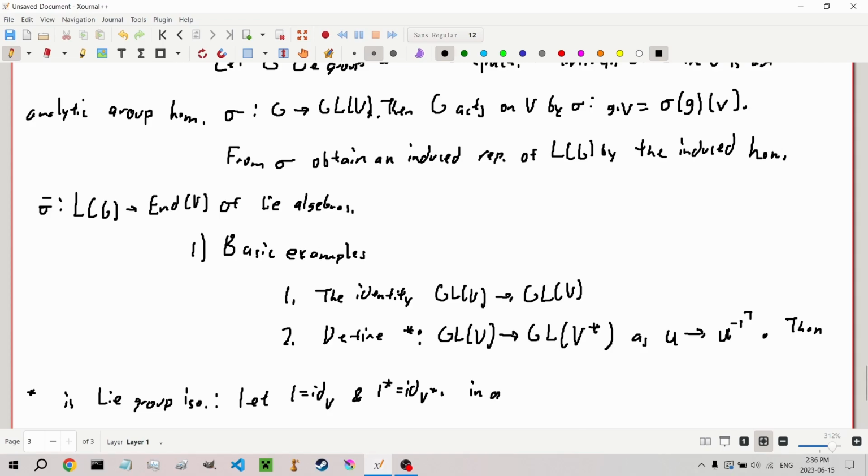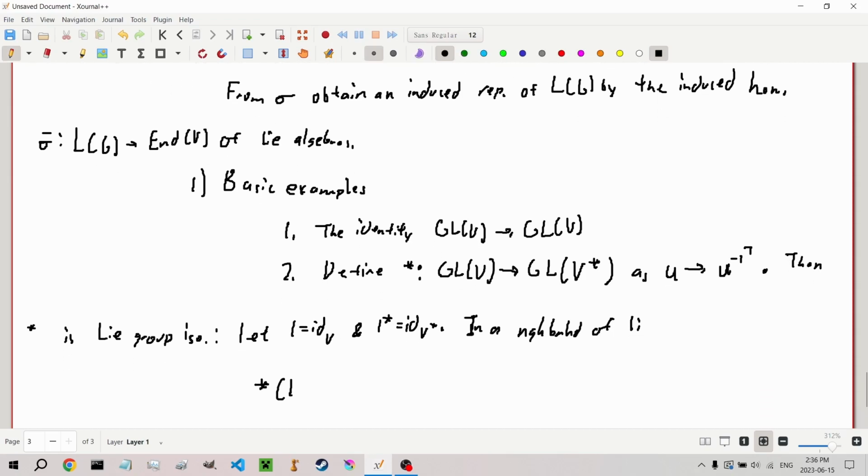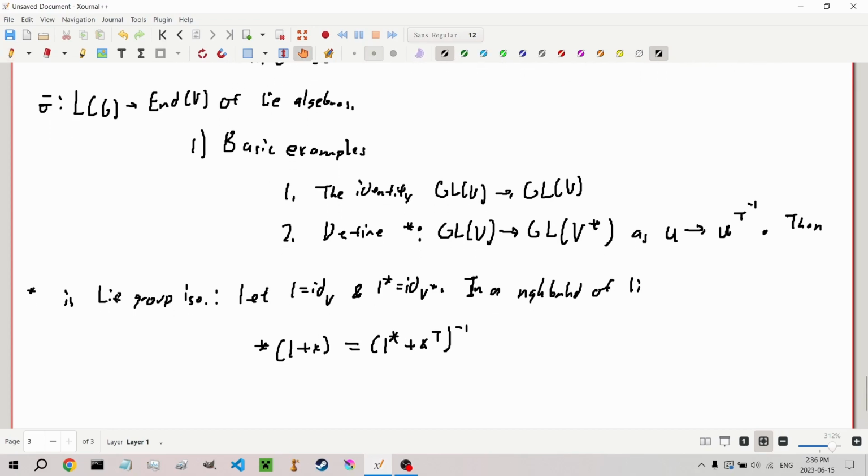Then in a neighborhood of 1, we have star of 1 plus x being 1 star plus x transpose, all of this inverted. So, just to make it less confusing, I will write this as transpose first. I'm pretty sure they commute, but I don't know. Why not, right?